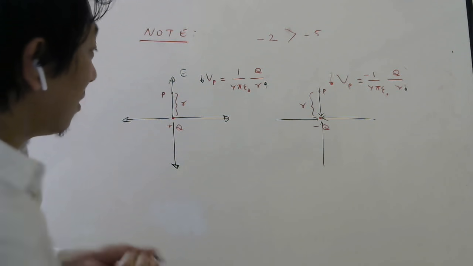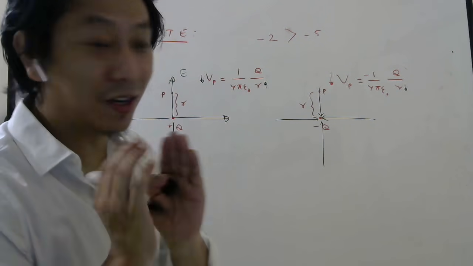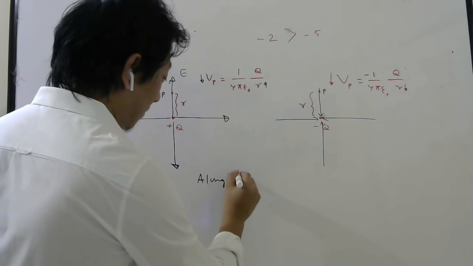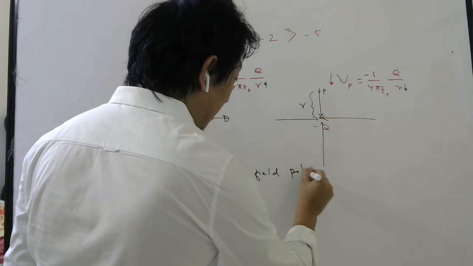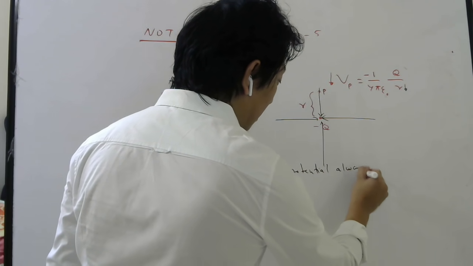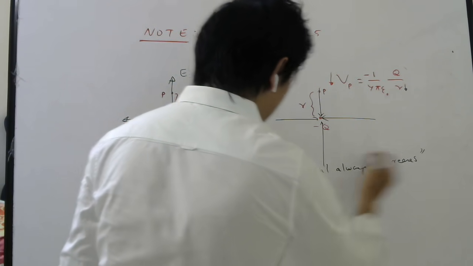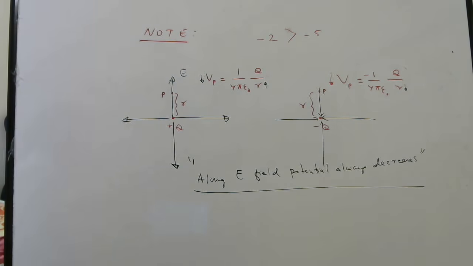So in both the cases, we learned one general rule: if you walk along the electric field, potential always decreases. Along the electric field, potential always decreases.